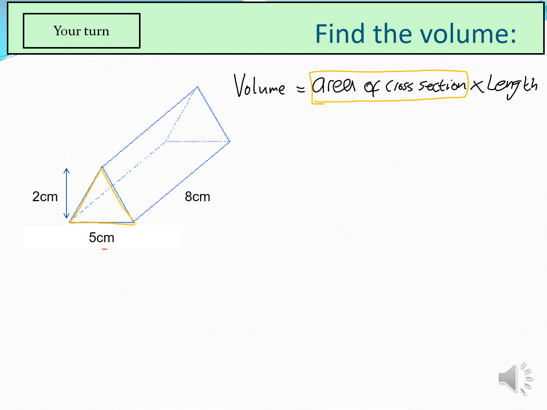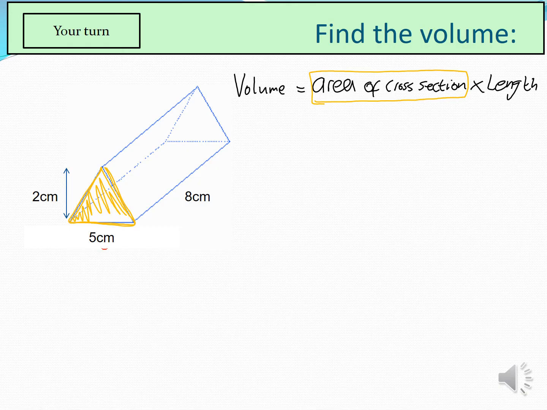I'm just going to shade that in. To calculate the area of a cross section, we're going to do base times height divided by 2, because this shape here is a triangle. It's a triangular prism, so we're going to be working with triangles.